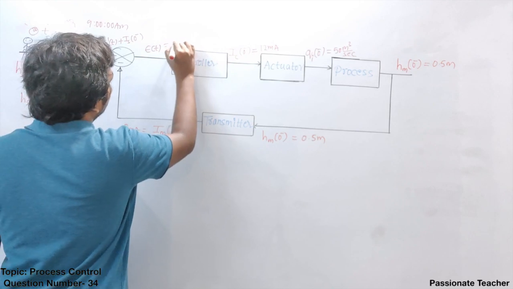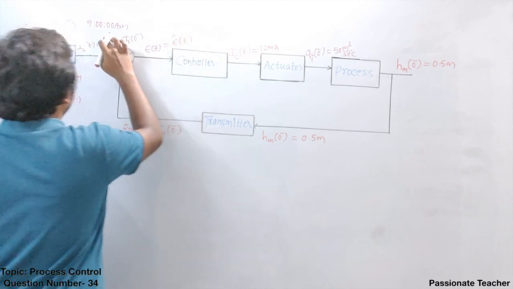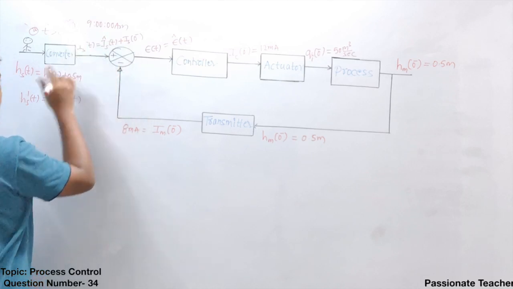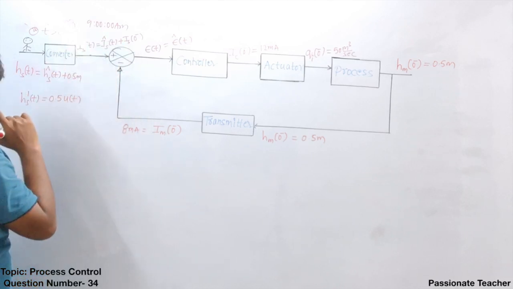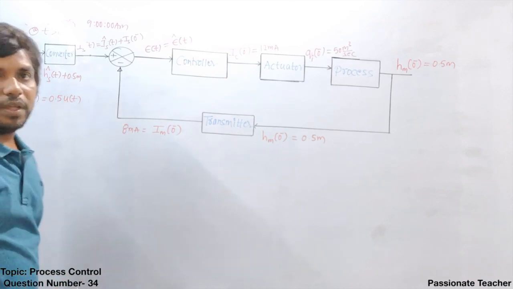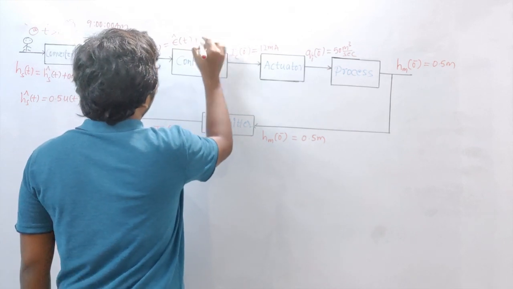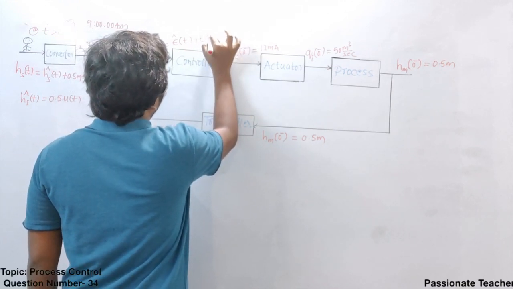Error can be E cap of t, right? So this should be cap, sorry, mention this as a cap here. If you mention this as a cap, then it means the deviation, right? So E cap of t plus this can be written as E of 0 minus.